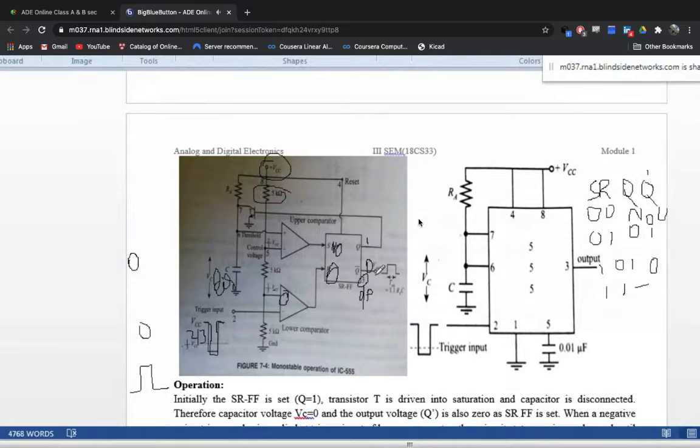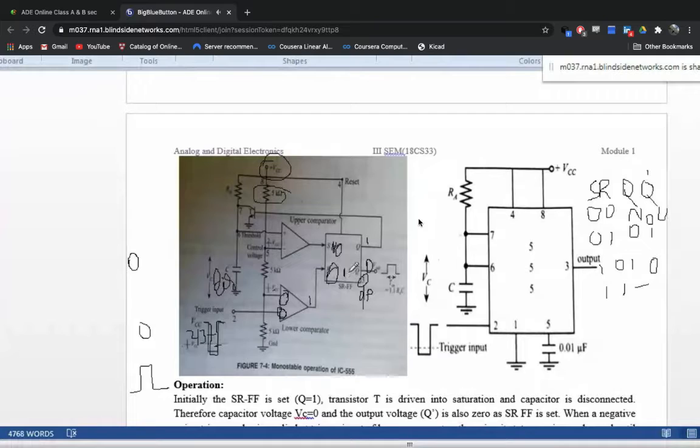After falling below 2/3 VCC, after some time it falls below 1/3 VCC. Once it falls below 1/3 VCC, the voltage at this point becomes more negative. No need to worry if you are not understanding it, just get to this sentence. Once the voltage falls below 1/3 VCC at this point, because this is more negative, the output of this comparator will be 1, so R becomes 1.